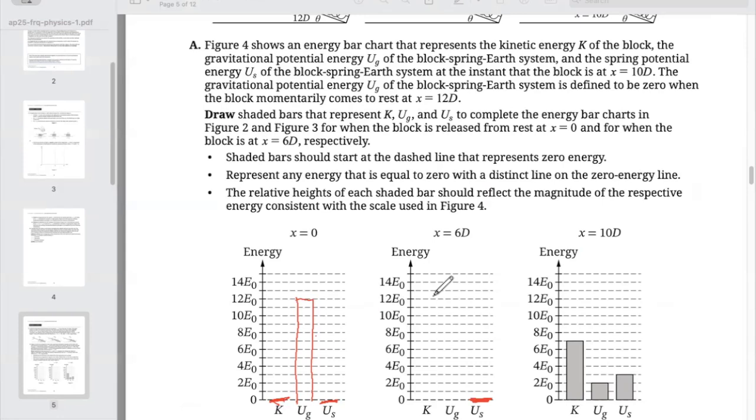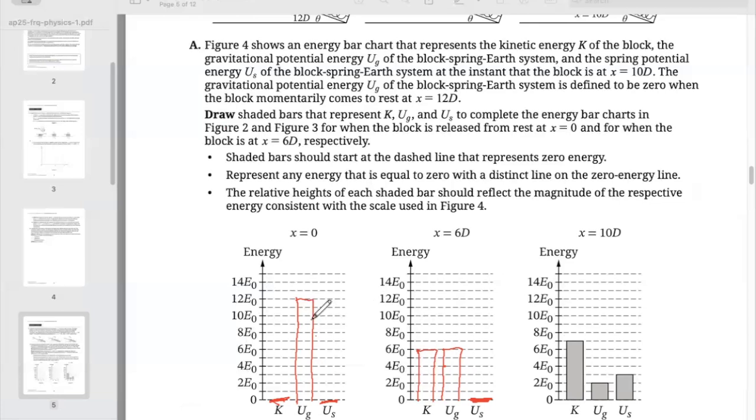So you go down 10 units between 0 and 10D, which means you should only go down 6 units between, no, not 6. Yeah, you should only go down 6 units between 0 and 6D. So you should end with 6E0 of gravitational and 6E0 of kinetic energy. Oh, wow. Okay. They do actually, no, it's 7 and 6 for kinetic energy between these two.